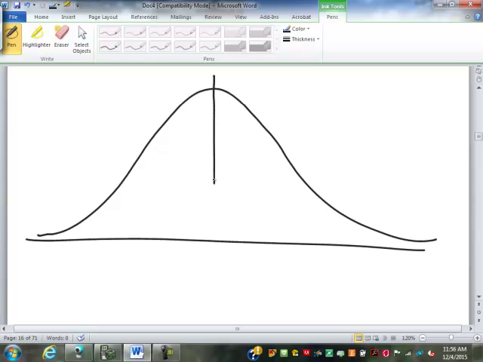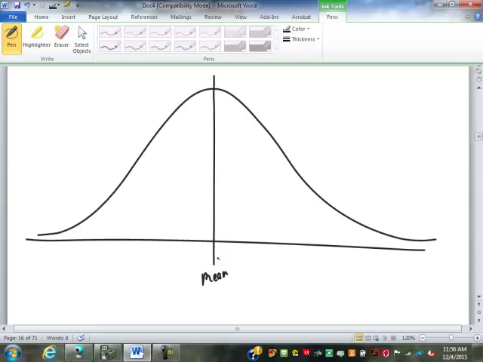So the mean is right in the middle of the curve, right? If it's a normal set of data, the mean, median, and mode should be right in the middle of the curve. But we're going to use the mean.